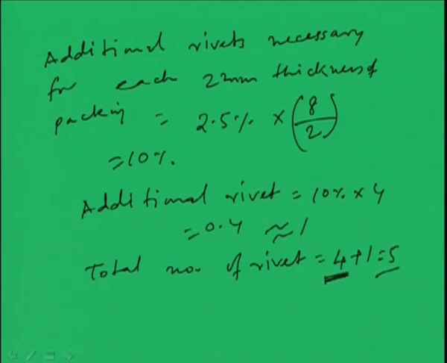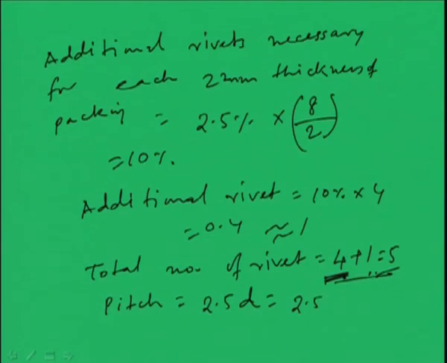So total number of rivets is 5. So 4 rivets will be required in the splice and 1 will be required in the extension of packing, and I will show in the figure. Now pitch will be 2.5 D.